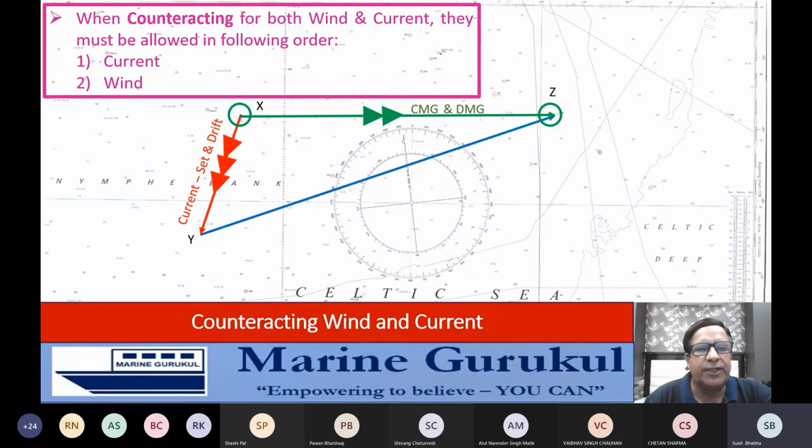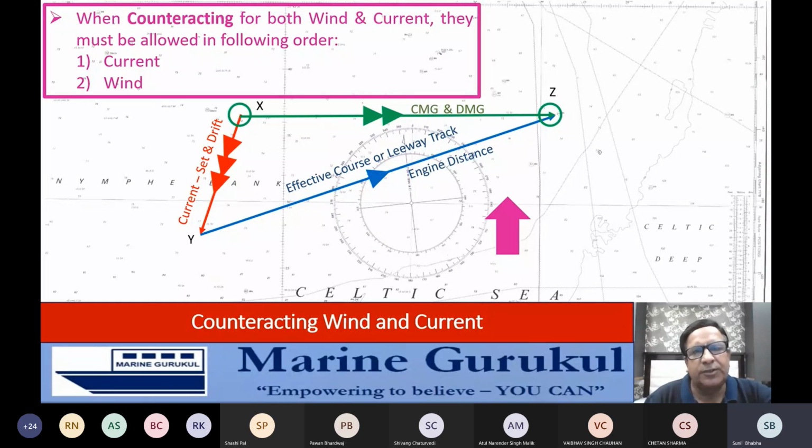We join Y to Z, and YZ represents the effective course track or the leeway track, and the magnitude of this vector represents engine distance in the duration of the vector triangle. This effective track or the leeway track is represented by 1 arrow. Now we come to counteracting of the wind.